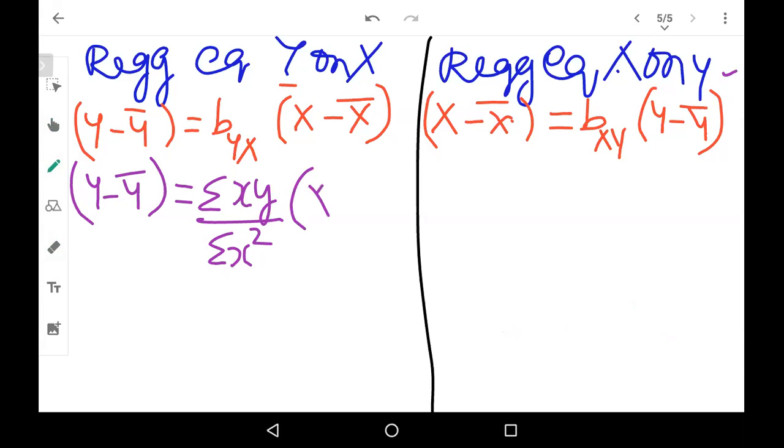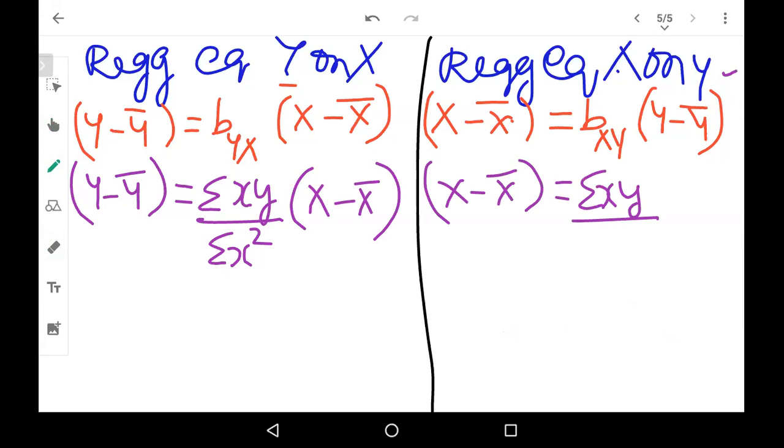X minus x bar will remain as it is. Now on the other side, in the place of bxy, I will write sigma xy by sigma y square into y minus y bar. Are you all able to follow? Are you able to understand the difference between the two now?